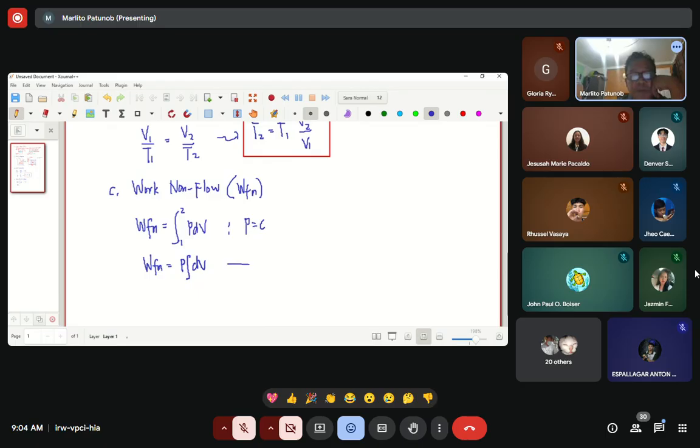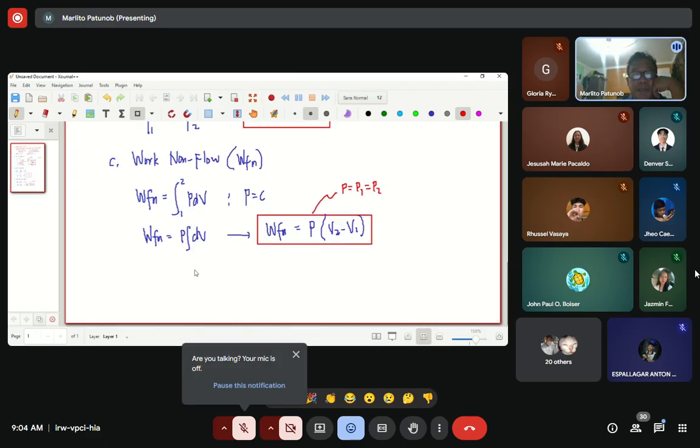If you are going to apply limits, that will be P times (V2 minus V1). Take note that P can be a value of P1, and can also be a value of P2. So that is your work non-flow.